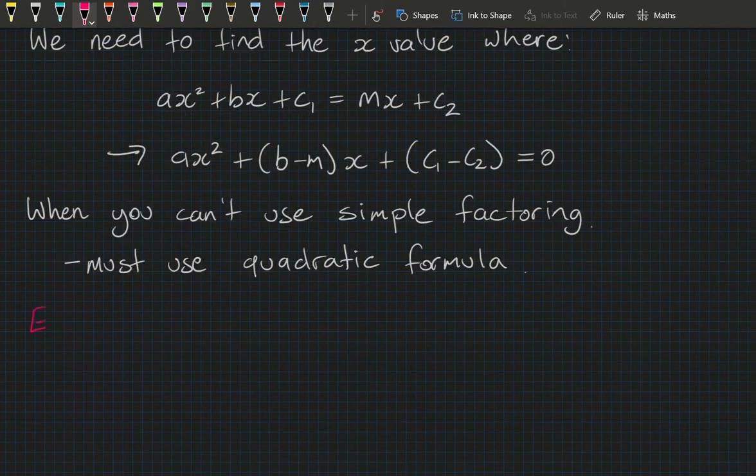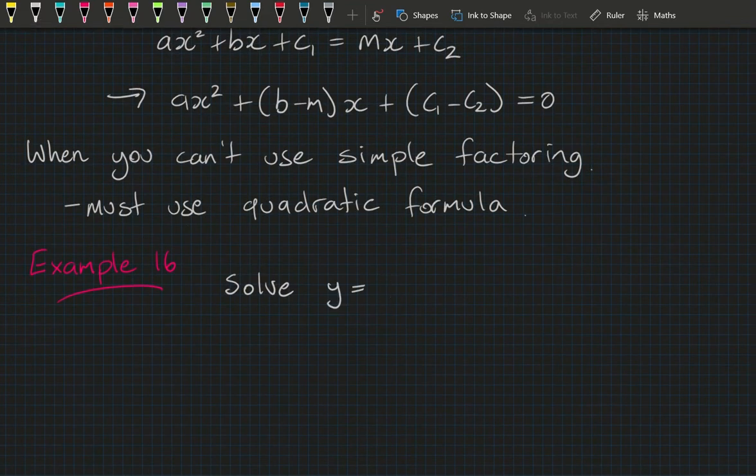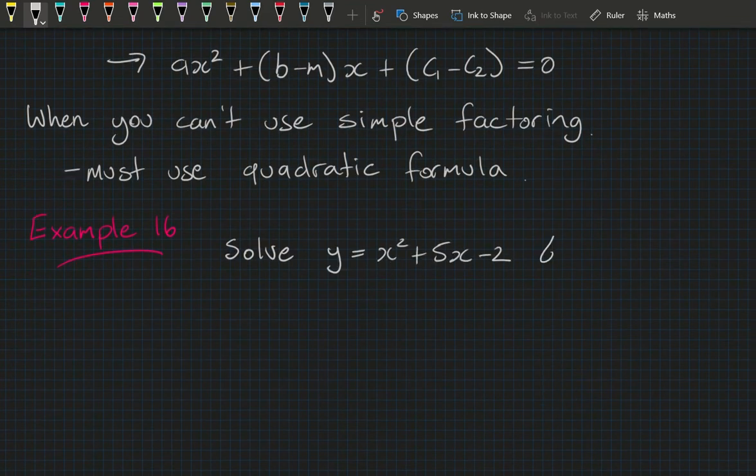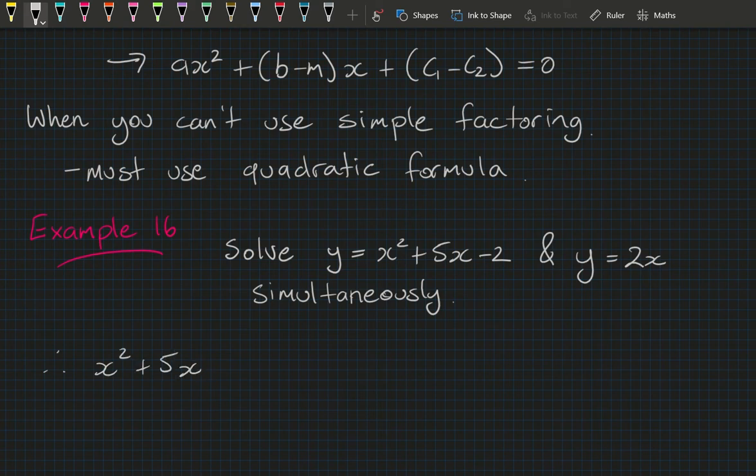Okay, let's hop straight into example 16, where we're going to solve y equals x squared plus 5x minus 2 and y equals 2x simultaneously. Okay, so this means that we're looking for where x squared plus 5x minus 2 is equal to 2x.